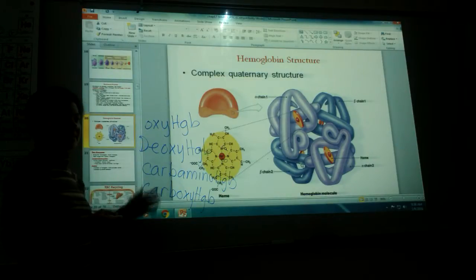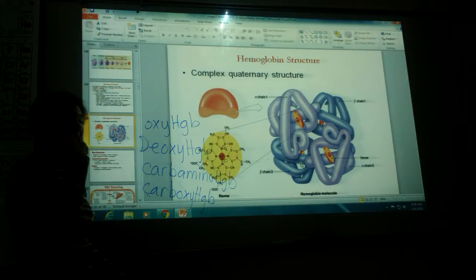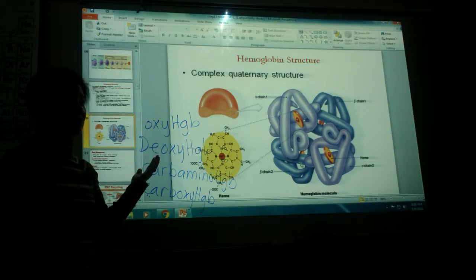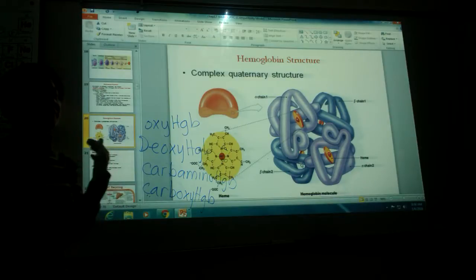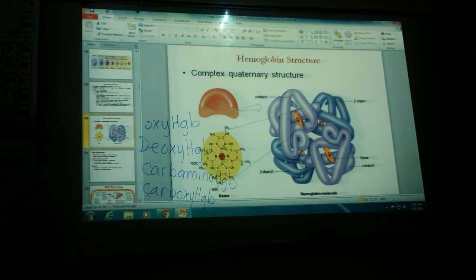You understand this? Okay? So if the hemoglobin doesn't unload the carbon, whatever, then you develop carbon monoxide? Does it have to unload it? This one? No, it doesn't have to unload it. Look, when you have this one, you don't have oxygen. So the threat of carbon monoxide is that you are deprived of oxygen.